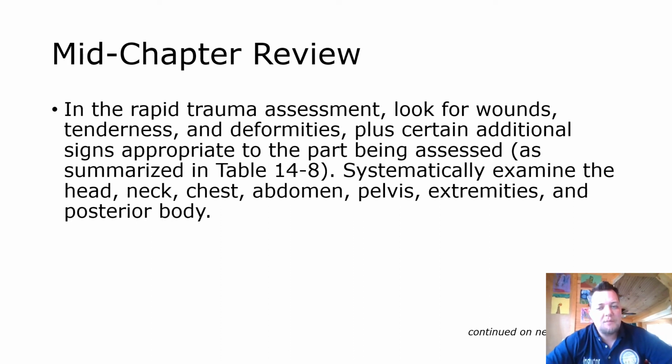So in the rapid trauma assessment, look for wounds, tenderness, deformities, that DCAP-BTLS, okay, plus certain additional signs as appropriate while you're doing that part of the body. Systematically examine the head, neck, chest, abdomen, pelvis, extremities, and posterior body.